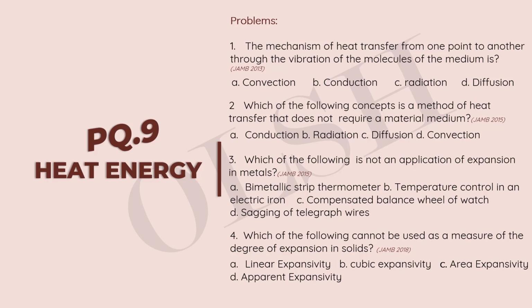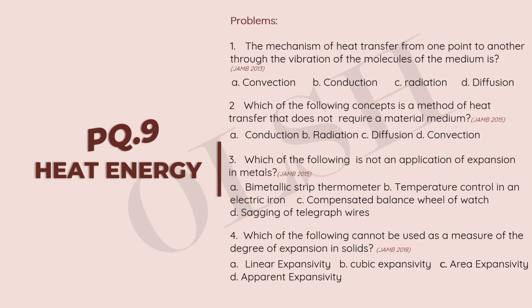the expansion in metals. D, sagging of telegraph wires. Is that an application of expansion in metals? No, it's not. Because sagging of telegraph wire is just done to prevent wires from breaking up when temperature changes and they have to expand or contract.